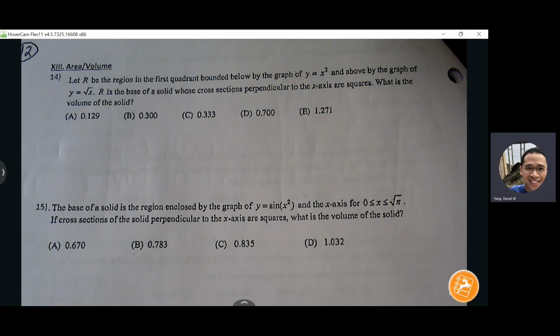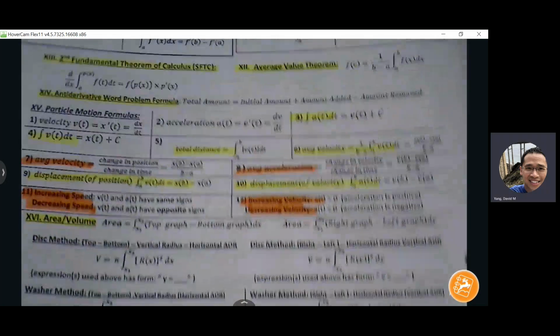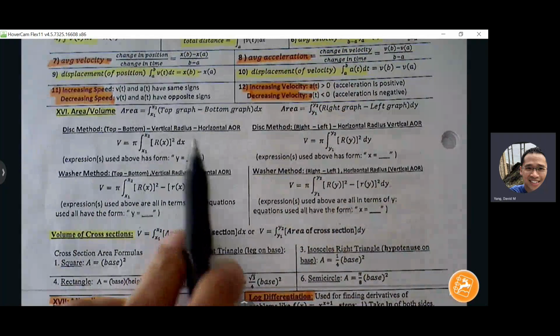So if you look at the very back of your packets, I have a couple of formulas that I want to remind you of.